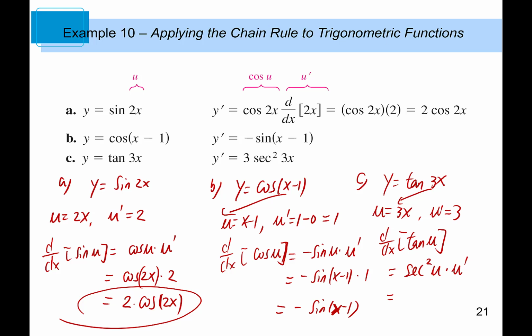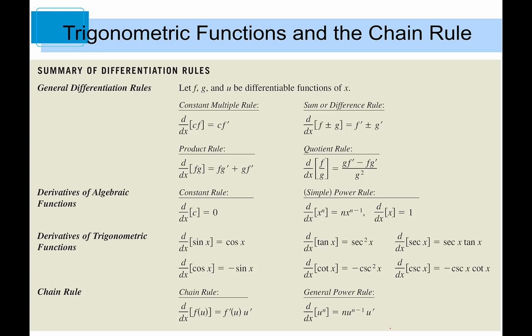I'll just replace u and u prime with the given number or expression. So secant 3x squared times 3. So it becomes 3 times secant 3x squared. Okay, so that's going to be the final answer.